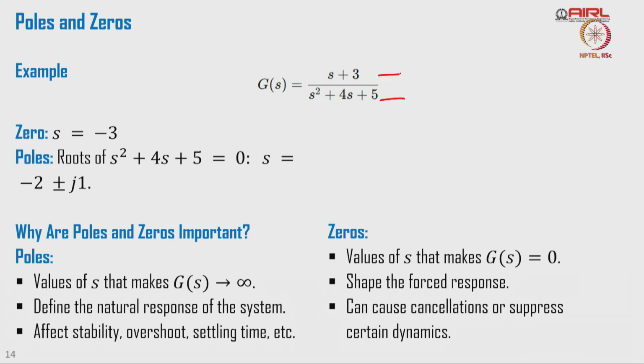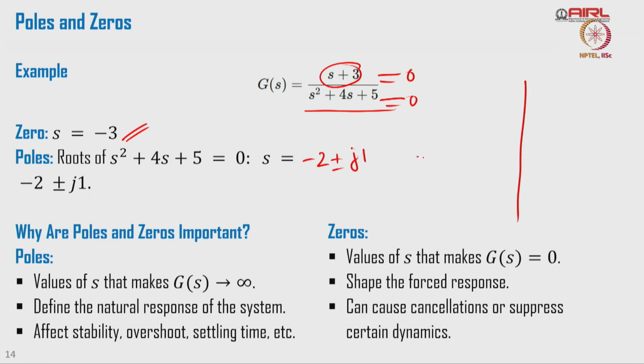So, s plus 3 is the numerator, making it 0 gives us s equal to minus 3. So, there is a zero of the system at s equal to minus 3, and then there are poles. If we make the denominator equal to 0, there are poles at s equal to minus 2 plus minus j1.